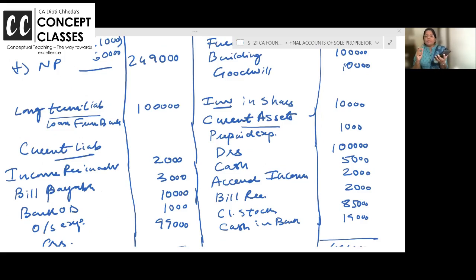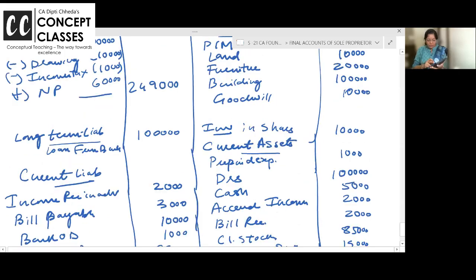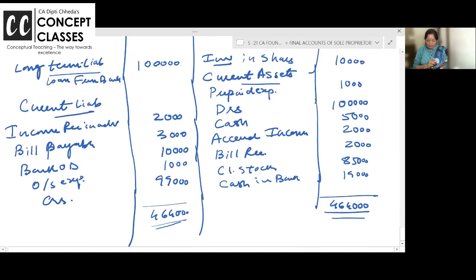See, now the problems are huge. And this is not a face-to-face board कि मैं अगर balance sheet में हूँ और आप वहां से trading account copy कर रहे हो. So you will have to do it with me. If you want, I'll go still slow. I hope clear to all of you. 249 plus 1 lakh plus 2,000 plus 3,000 plus 10,000 plus 1,000 and 99,000. 4,64,000 is the exact total you're getting on both the sides and it is tallying.